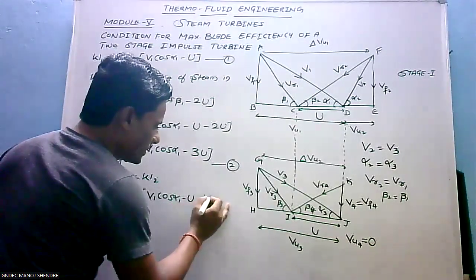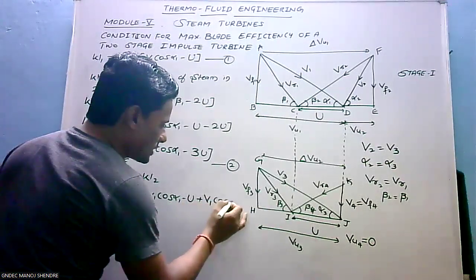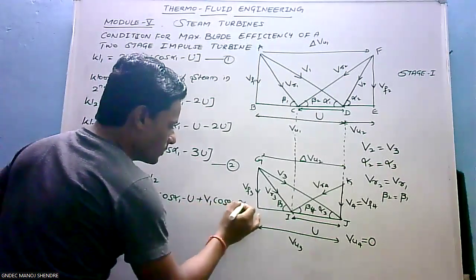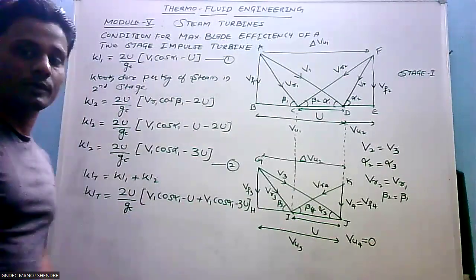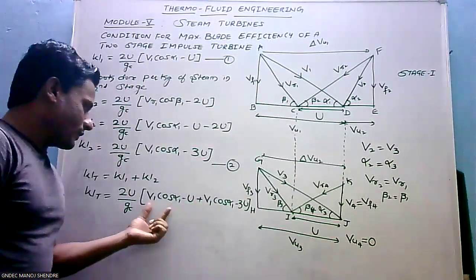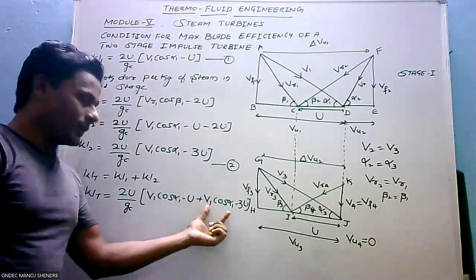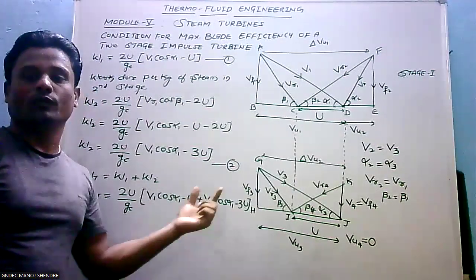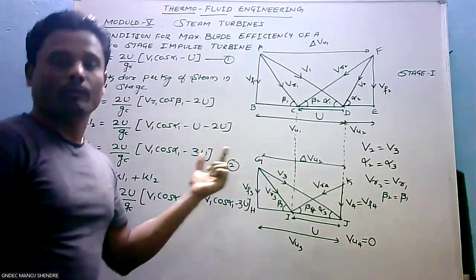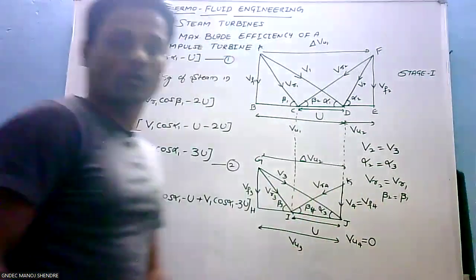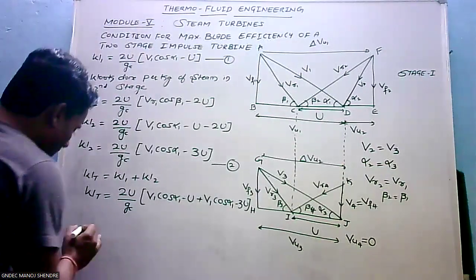Now V1 cos alpha 1 plus V1 cos alpha 1 is 2 V1 cos alpha 1, and minus U and minus 3U become minus 4U.